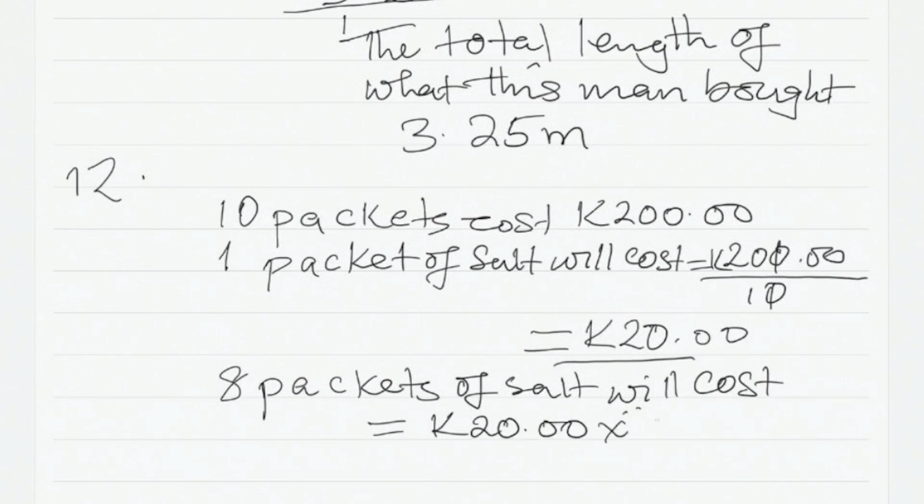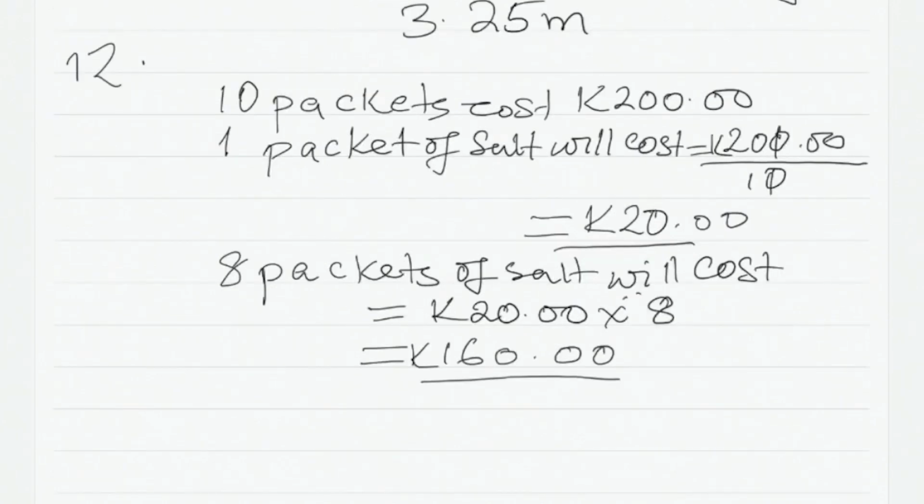That will be 8 times 0, 0, 8 times 2, that is 16. So 8 packets of salt will cost 160 kwacha, giving us the answer to be C.